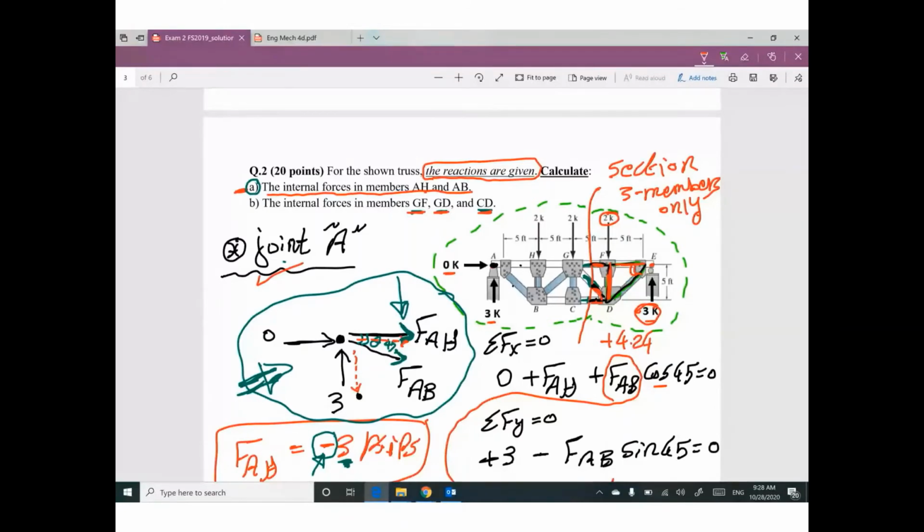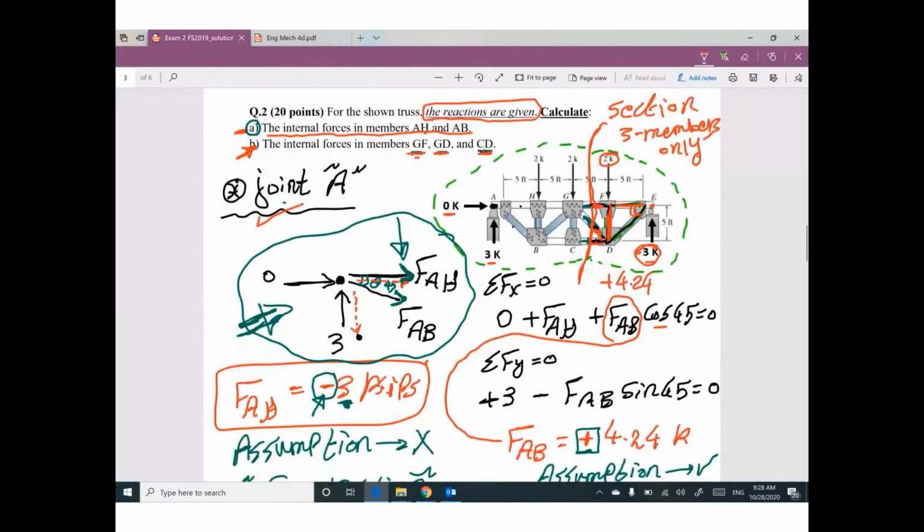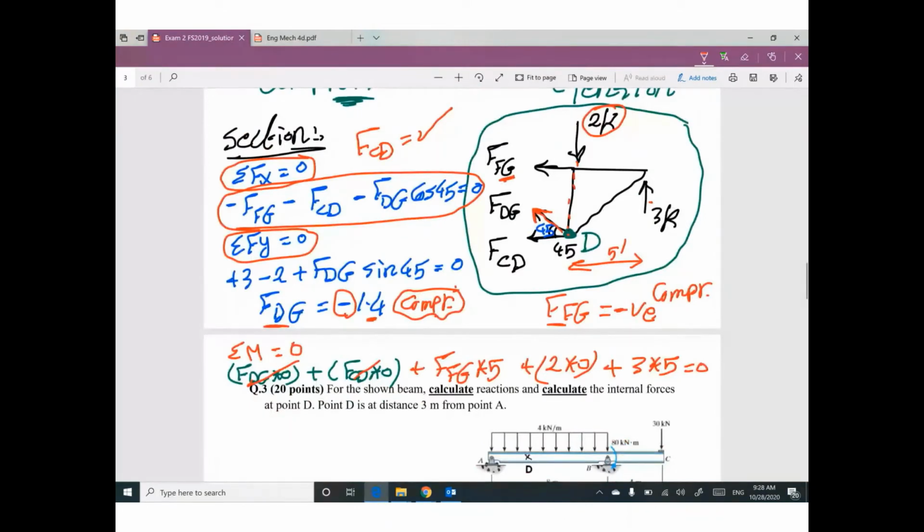The second part, I'm looking for internal forces for 3 members at the same location, so I can do one cut. This cut will help me to figure out these 3 members by applying one more time 3 equilibrium equations: summation F of x equals 0, summation F of y equals 0, summation moment at any point equals 0.